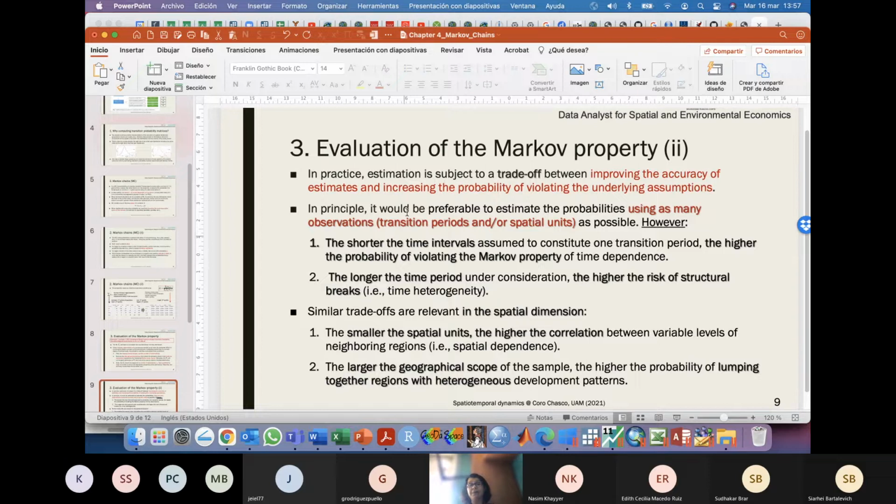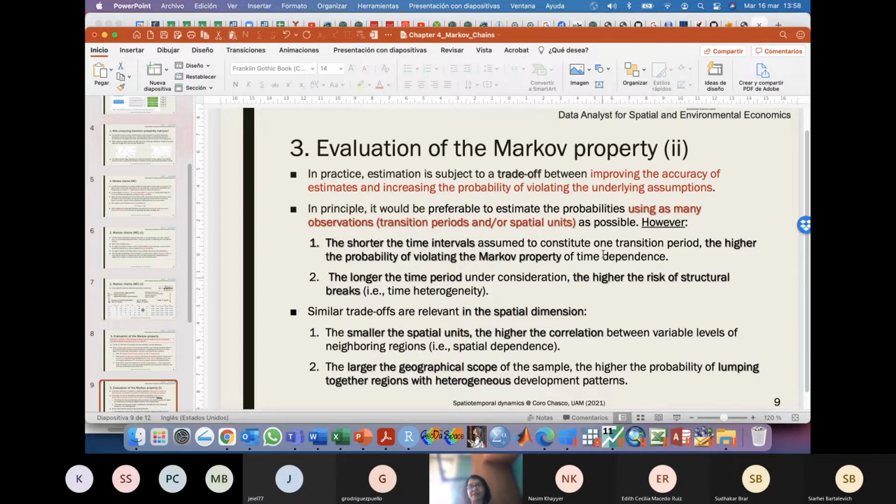So in principle, it is preferable to estimate the probabilities using as many observations, transition periods, or spatial units as possible. However, the shorter the time intervals assumed to constitute one transition period, the higher the probability of violating the Markov property of time dependence.